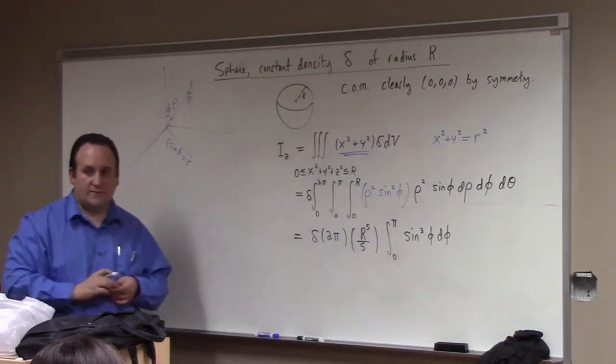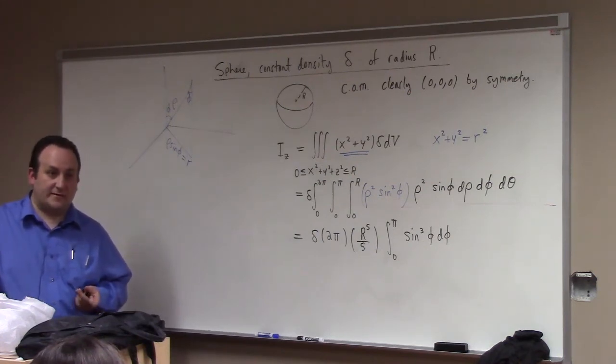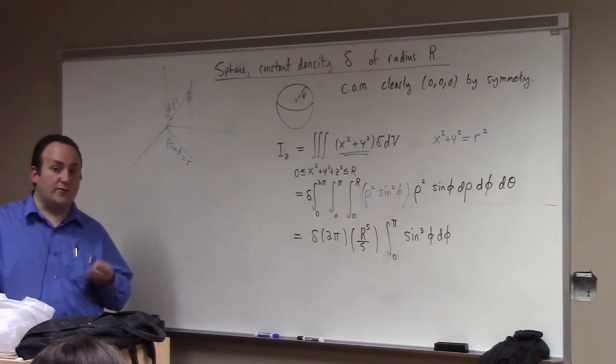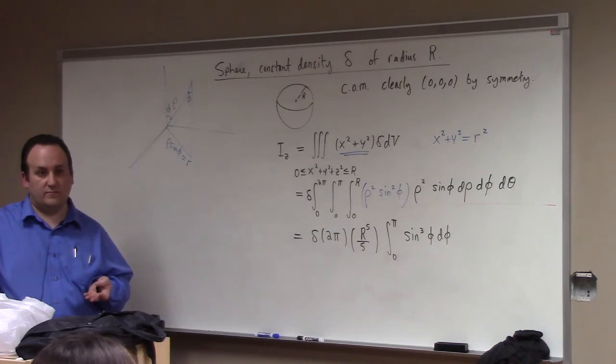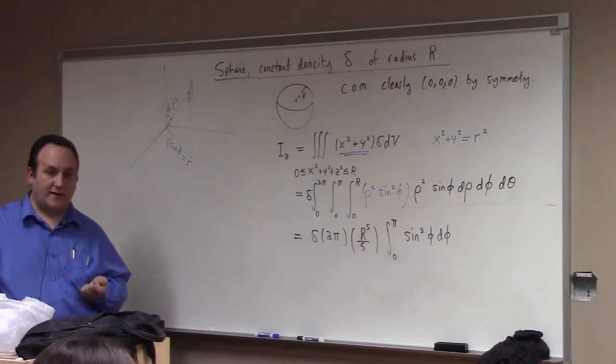I did the integral over theta. There's no theta function. d theta integrates to theta. Theta evaluates from 0 to 2 pi to give me a 2 pi factor. I have a net of rho to the 4th. Rho to the 4th integrates to rho to the 5th over 5. Then when I evaluate from 0 to r, that gives me the r to the 5th over 5 factor, right?